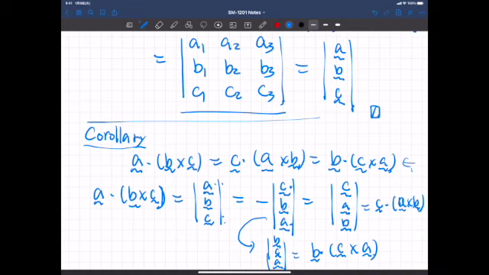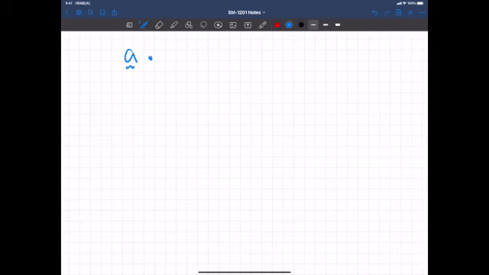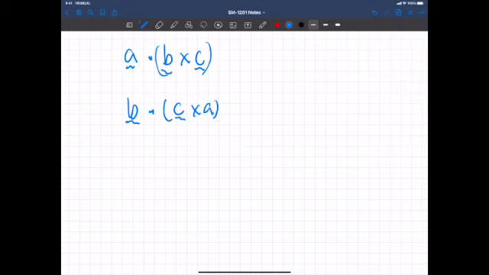So you can memorize this in this way. This is A, B, C. Then you put A in the third position, then push B to the first position, and you get this expression. So A, B, C and B, C, A. If we move A to the last position, then B is moved forward and C is moved forward.